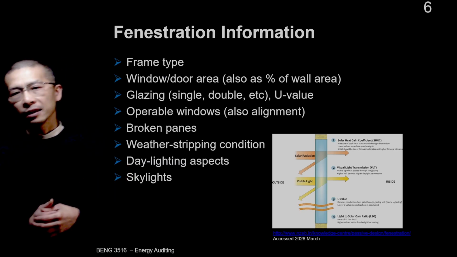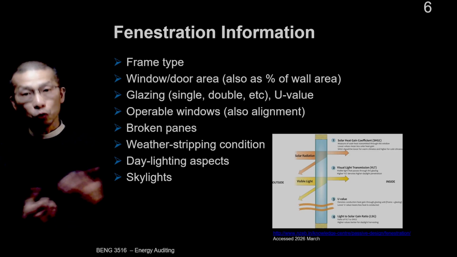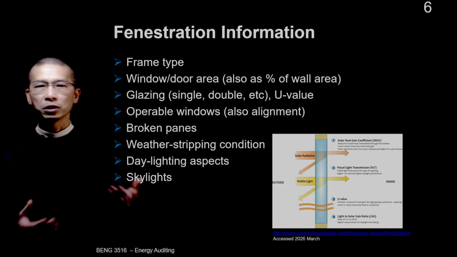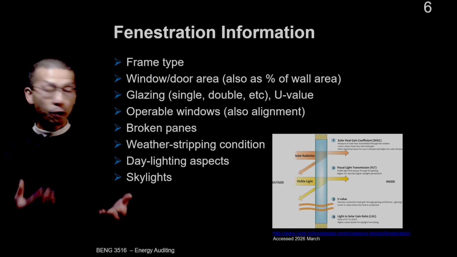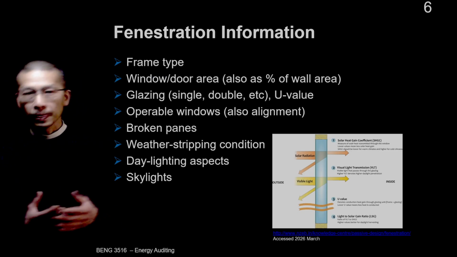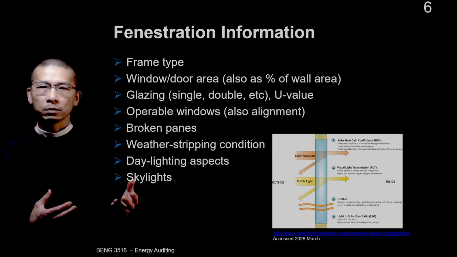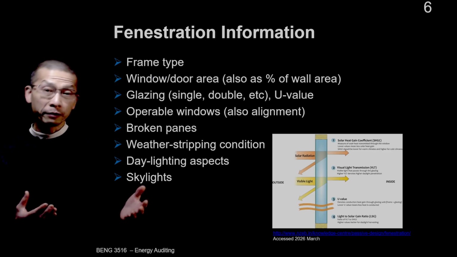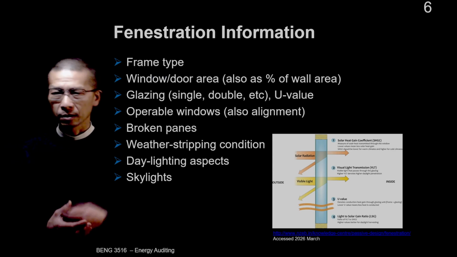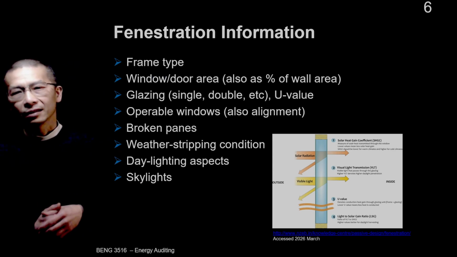Also, we must identify glazing and U values or its R value. Is it single pane, which is about R1, or U equal to 1 as well? Or double pane, U 0.5, that's R2, right? Or triple pane. So we have to look at the glazing itself.